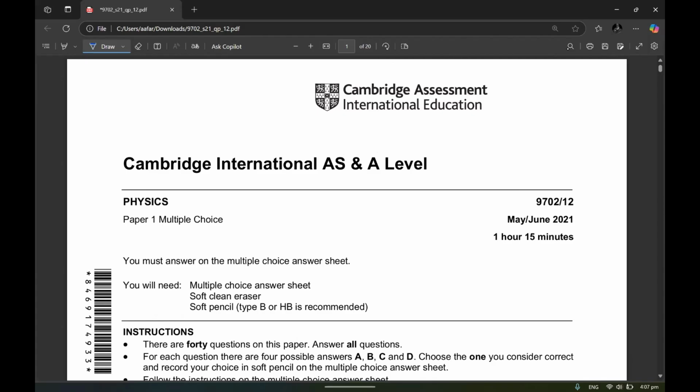Hence there will be no other participants, but instead it will just be me trying my best to explain how to solve these questions, inshallah. Let's start.